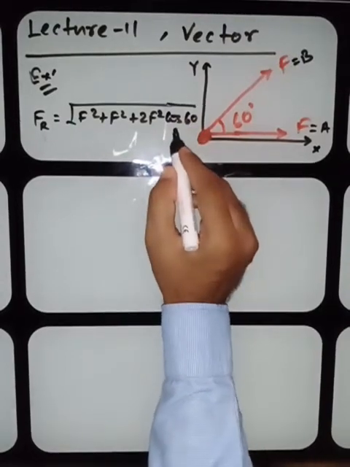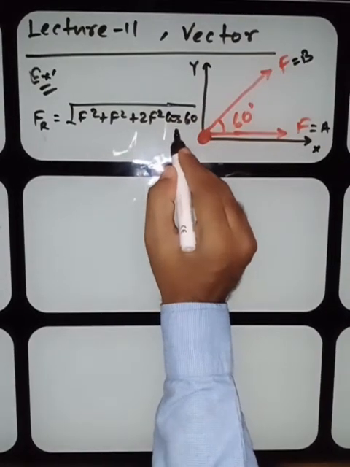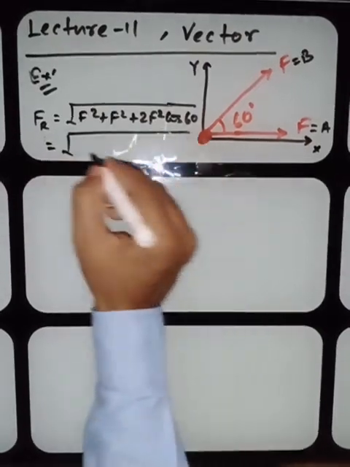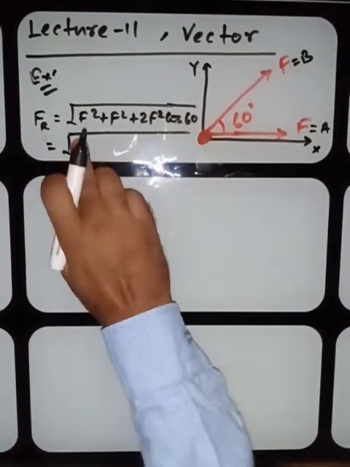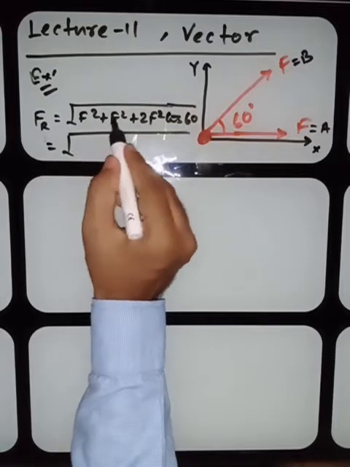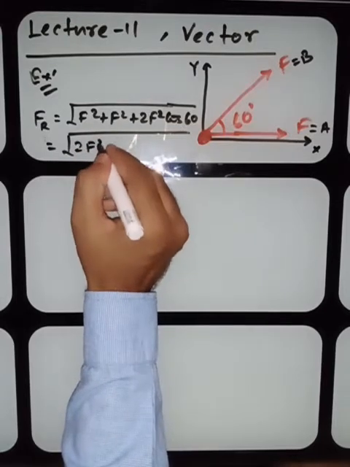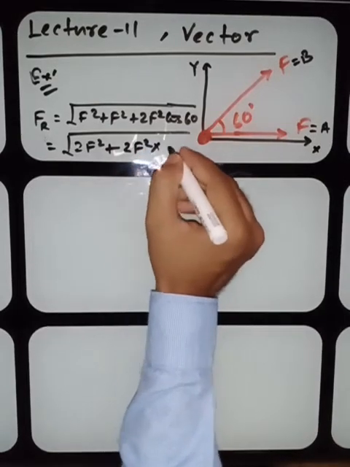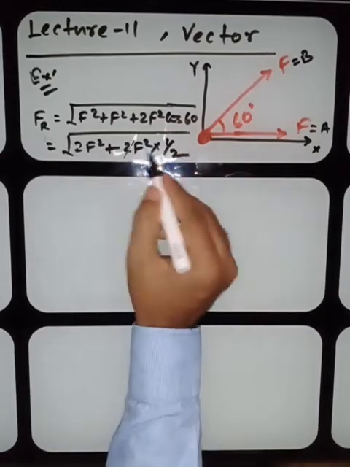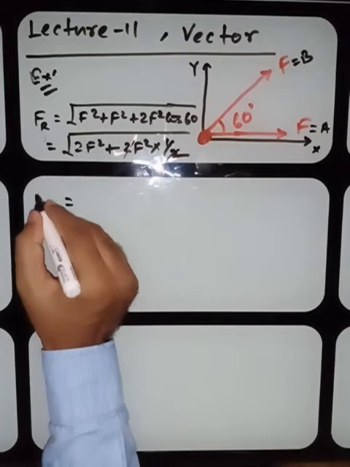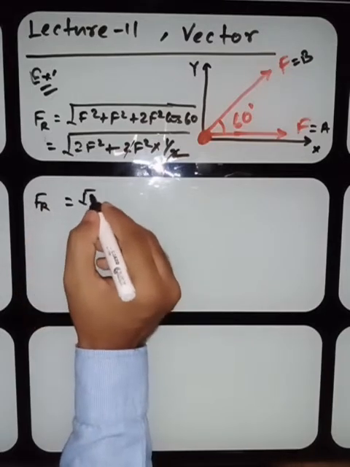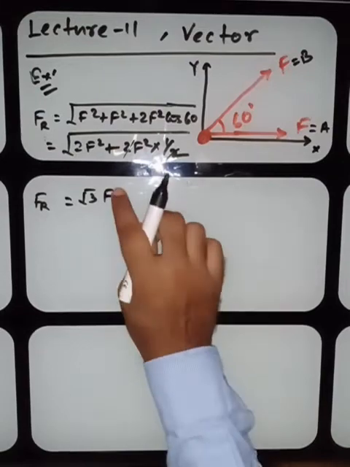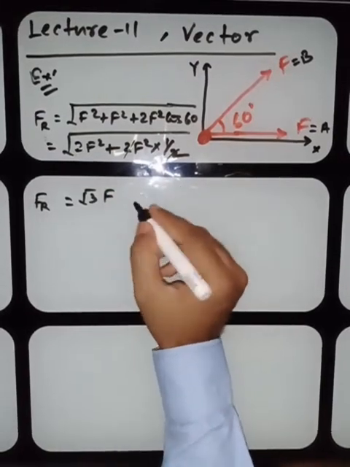Yes, cos 60 is 1 by 2. Remember, it is 1 by 2. So we can put here F square plus F square, which is 2F square, plus 2F square times 1 by 2, which cancels out. So we have the resultant force as root 3 F. F square comes out of the root as F. All right, and this is the answer.